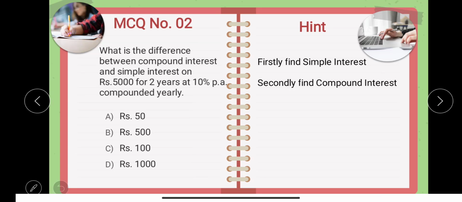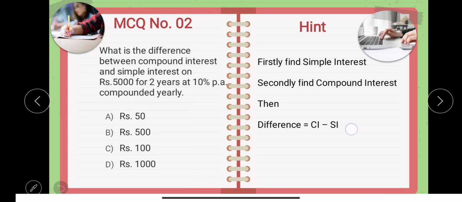Firstly you have to solve the bracket: in bracket 1 plus R upon 100, bracket raised to N. R is here 10%, so it will be 1.1 bracket raised to 2, multiplied by 5000. This is very easy. It will give you the answer. So compound interest will be rupees 1050.